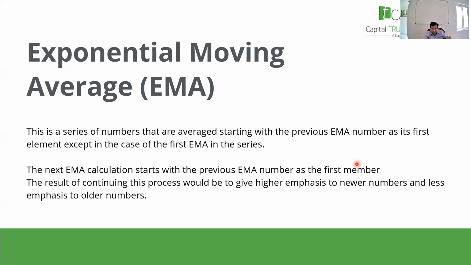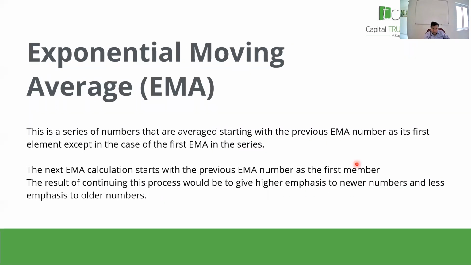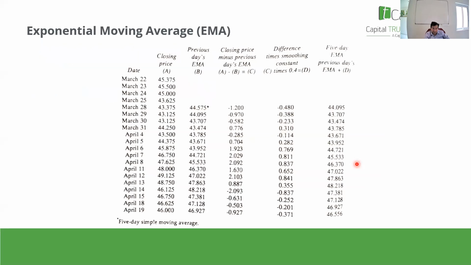So therefore, we are trying to give a series exponential weighting to nearby prices, with lower emphasis to remote prices. That's an example of an exponential moving average calculation.